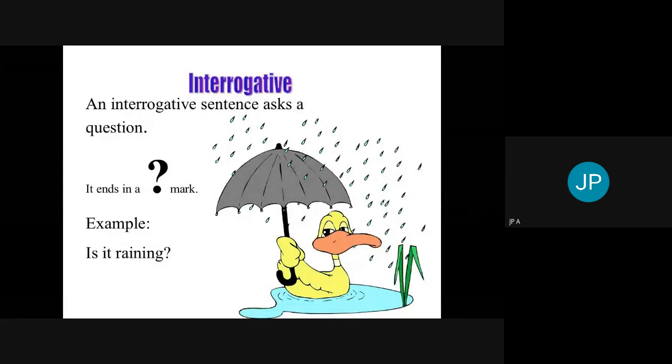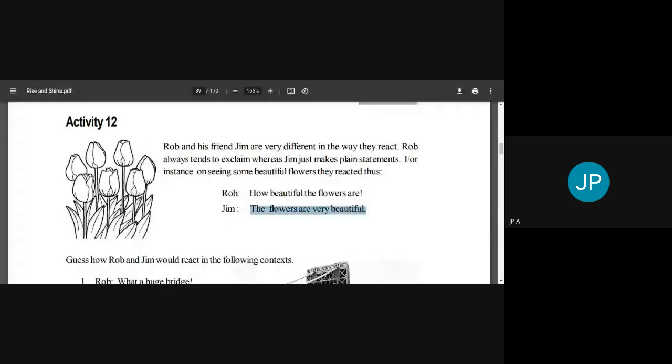So let us come back to the text. Okay, so we can see the text now on the screen.